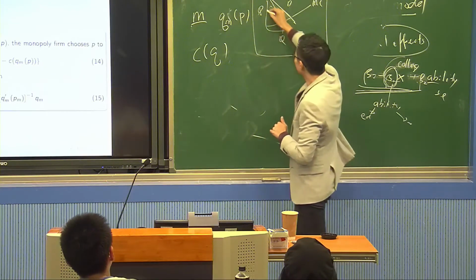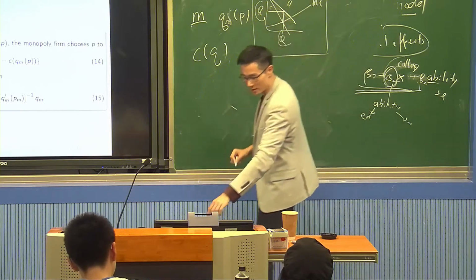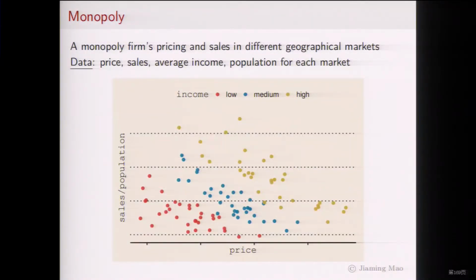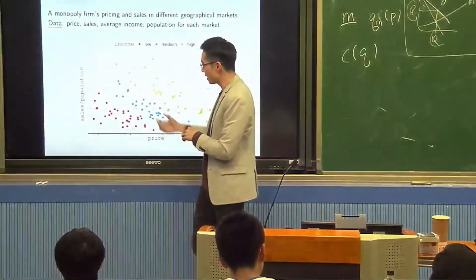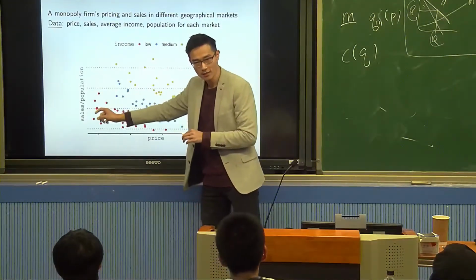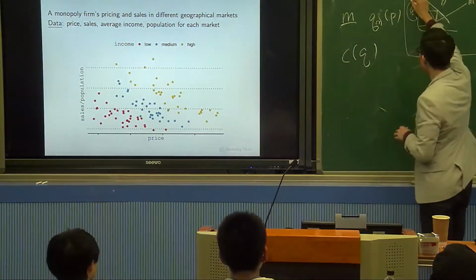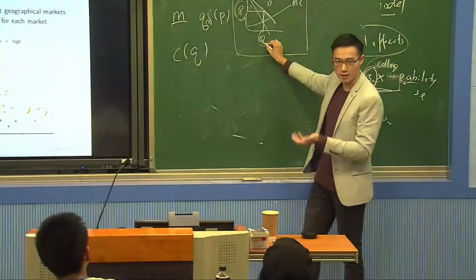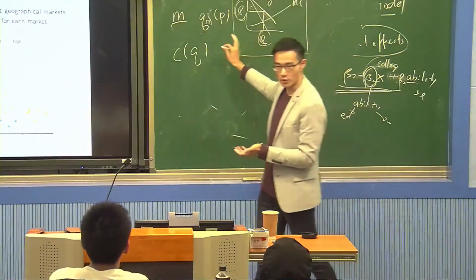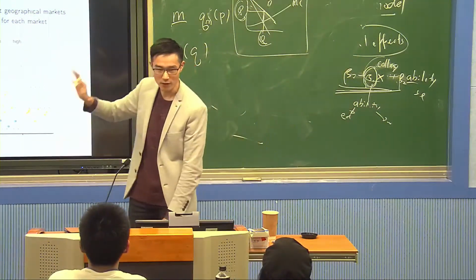I'm going to say the P and the Q is exactly the P and the Q I see here. So the price and the sales I observe from the data is exactly the optimal price and the optimal quantity I can derive from my theory. So in doing so, I'm treating the theory very, very seriously.